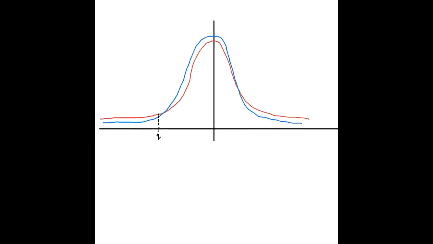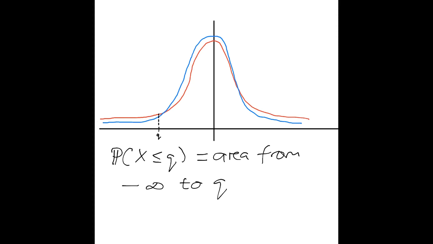So shown here are two density functions, one in red and one in blue. Recall that the probability that a random variable is less than or equal to q is equal to the area under the density function from minus infinity to q. Now for the normal distribution, the probability of being less than q is less than that for the t distribution.